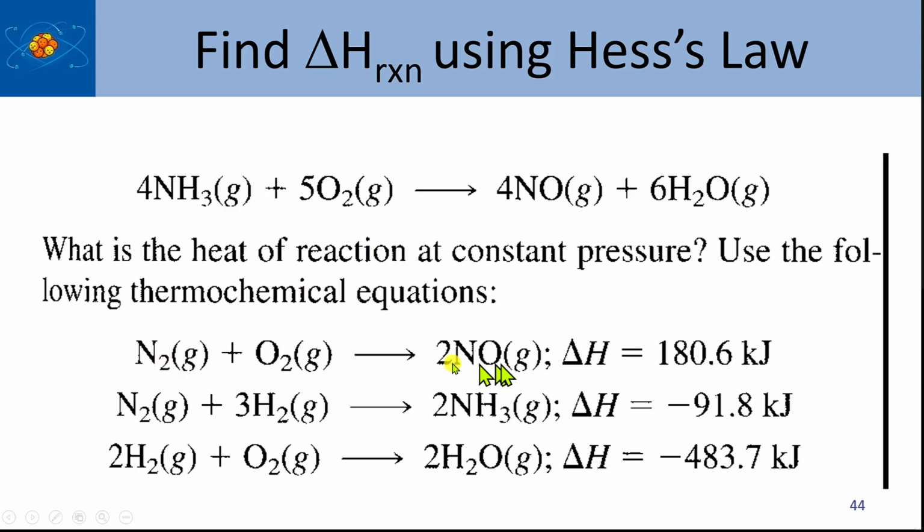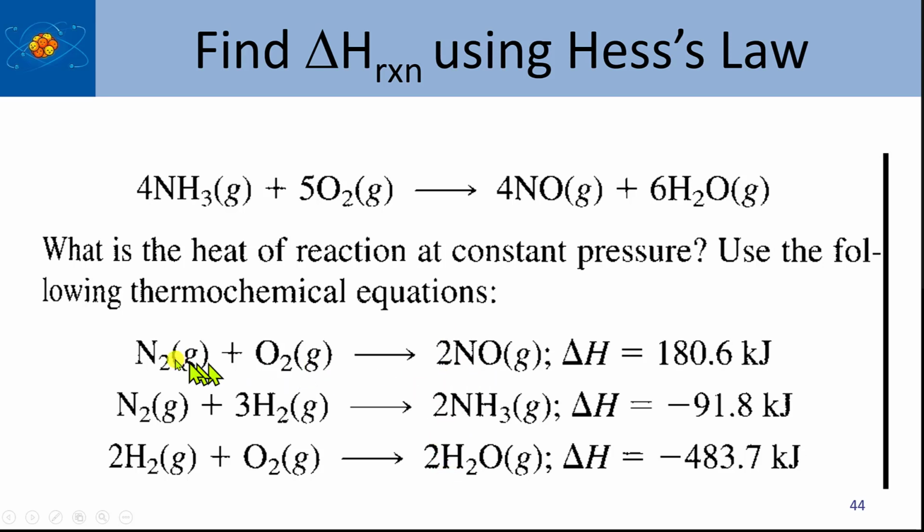But this is the formation of NO from its elements, and this is the formation of NH3 from its elements. And this is the formation of H2O from its elements again. These kinds of reactions, we'll see, are ones that we often refer to as reactions for something we call the standard enthalpy of formation, but usually that's per mole of product.